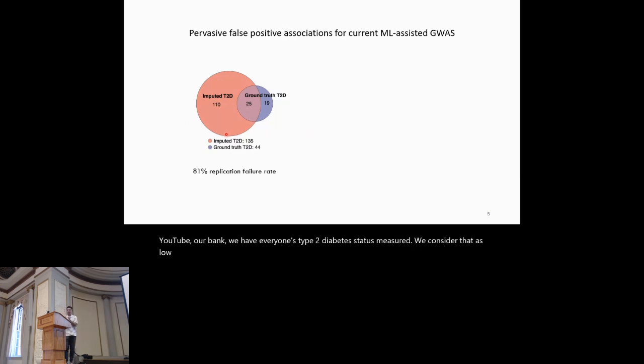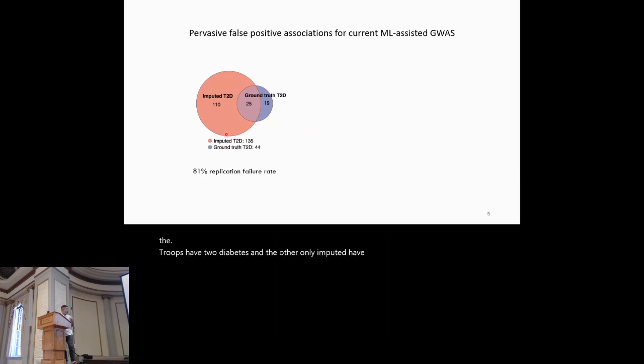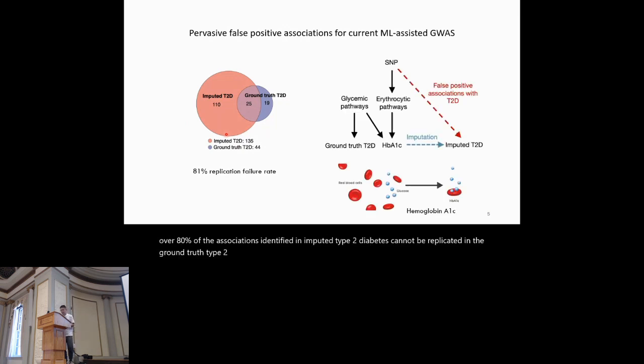But we masked everyone's type 2 diabetes status and instead used machine learning to predict it, and did two GWASs, one on the ground truth type 2 diabetes and the other on the imputed type 2 diabetes. We found that over 80% of the associations identified in imputed type 2 diabetes cannot be replicated in the ground truth type 2 diabetes.